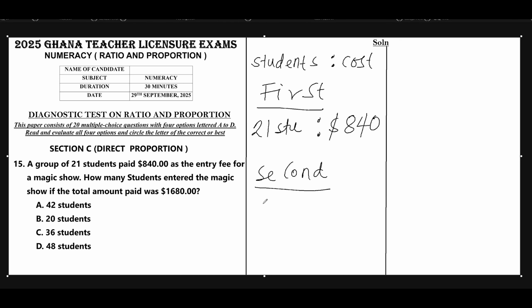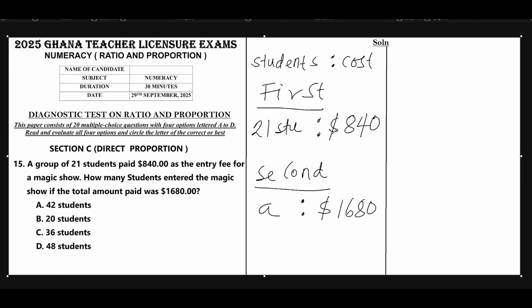So since we don't know the number of students, let's represent the number of students as, let's say, A. So we are looking for the number of students whose cost was $1,680.